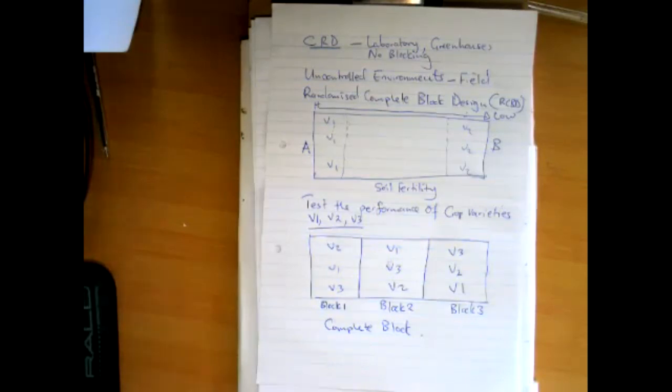But we must be randomizing. So in this case, it means we have excluded, gotten rid of, or blocked the effect of the variation in fertility.